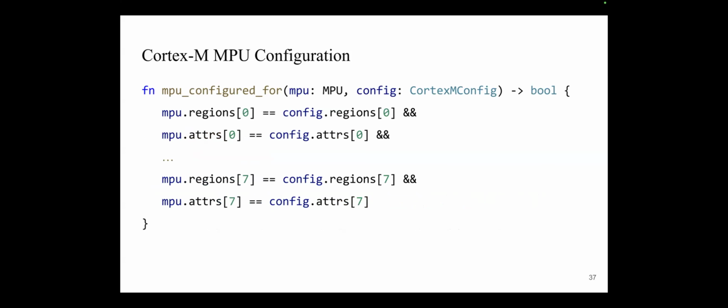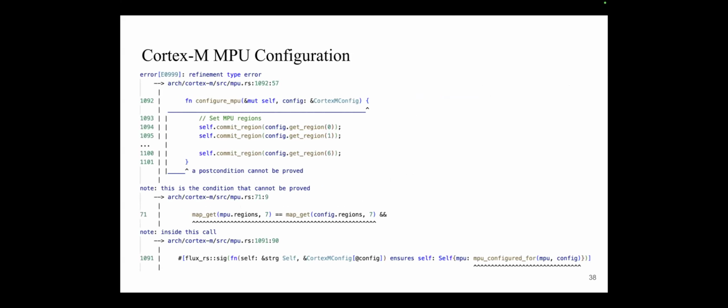So now let's say that I make a mistake. I forget to configure region 7, or I do something similar to the bug that I showed earlier. Well, Flux is going to catch this. In particular, it's going to say, wait, hold on, dude, slow down. I can't prove this post condition, and in particular, I can't prove that region 7 matches what you specified in your configuration.